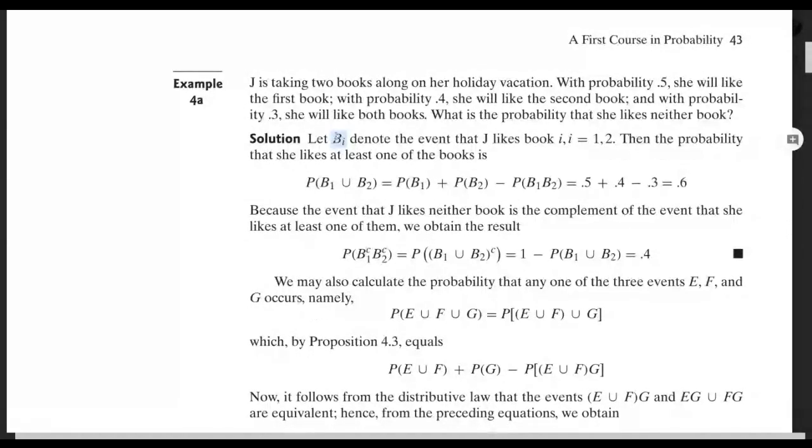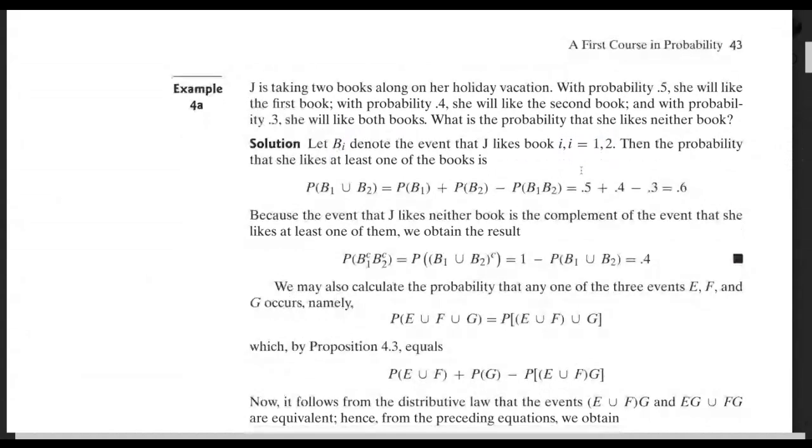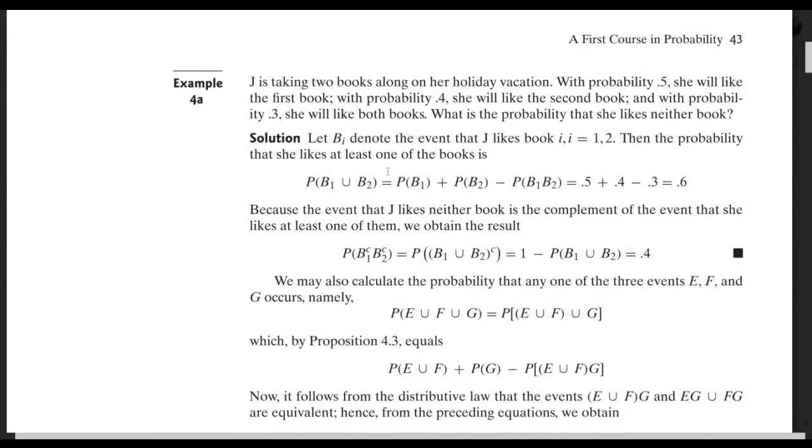So let Bi denote the event that J likes book i, so i equals 1 or 2. Then the probability that she likes at least one of the books is the probability of B1 union B2, right? The first book and second book, she likes either one. The probability that she likes one of those two books is the probability of the first one plus the probability of the second one minus the probability of the intersection of the first one and the second one.